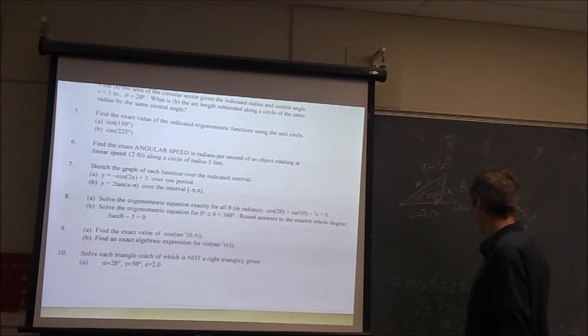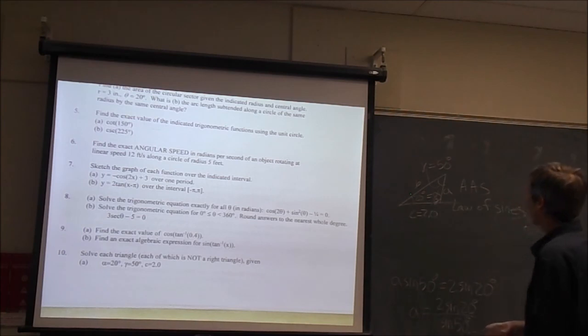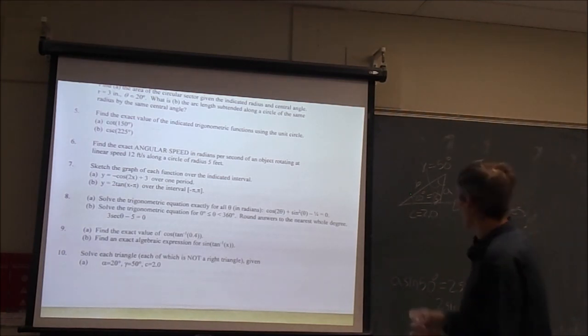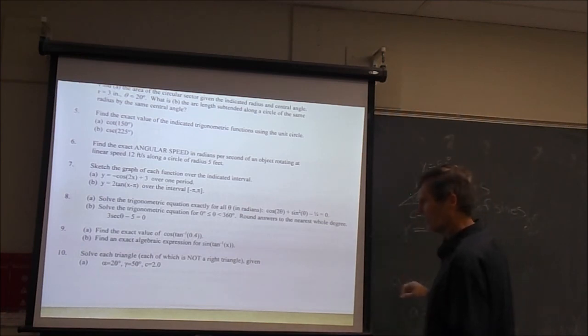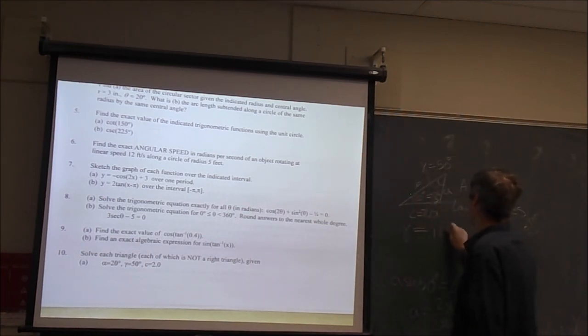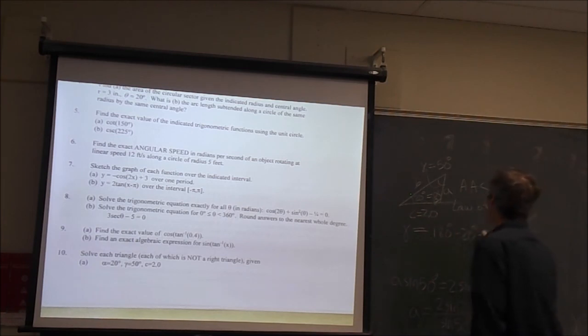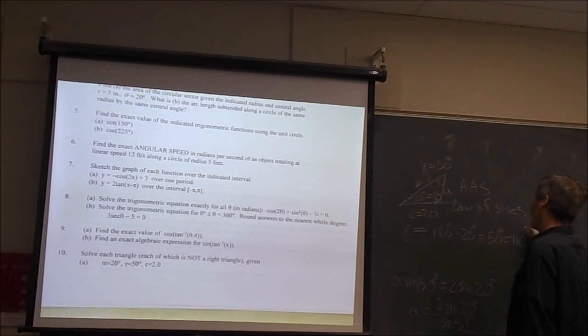Let's erase this. Now I've got two angles, so I can find the third one immediately. Beta is 180 minus 20 minus 50, which is 110 degrees.